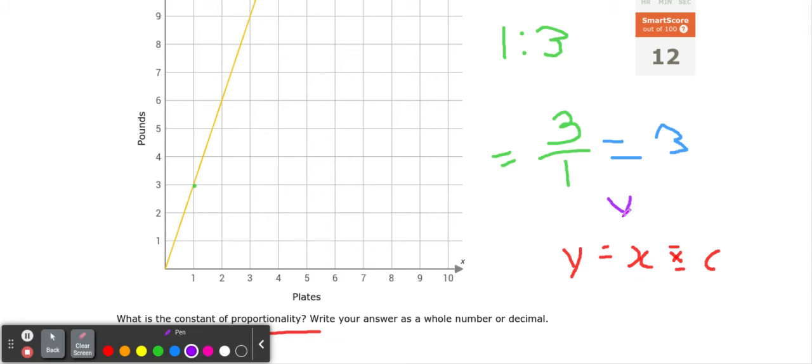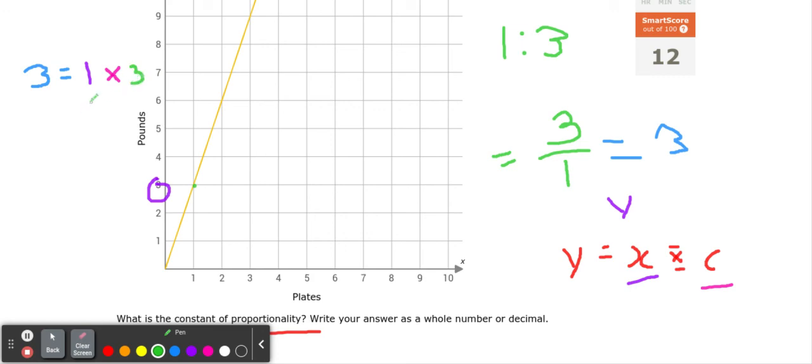We have y, and y in this case is the 3. So y equals 3 would be 3 equals x, and x is 1, times c, which would be the 3.